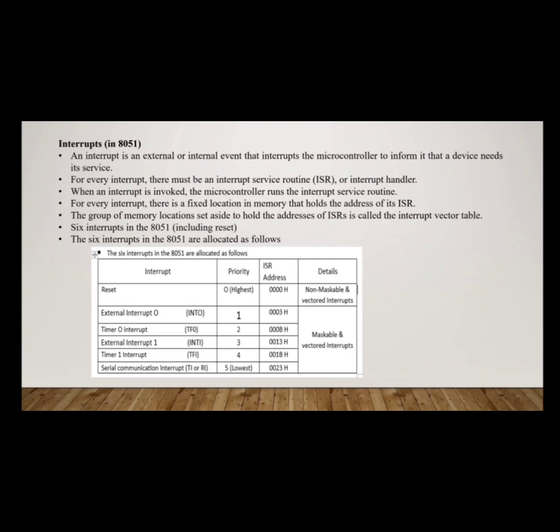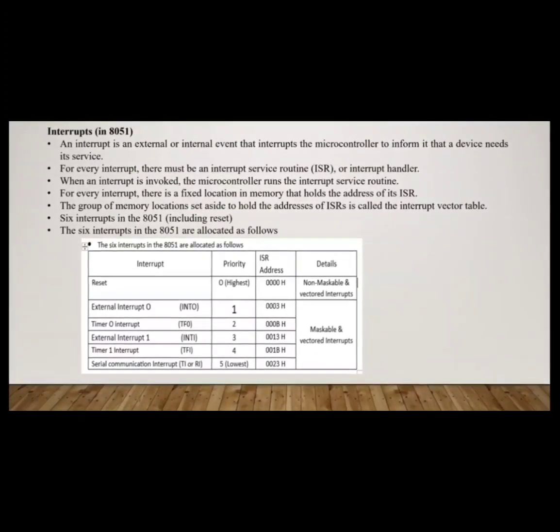Okay, so this is how it works. When an interrupt came, the interrupt wants the service of the microcontroller, that is 8051. For every interrupt, there must be an interrupt service routine for handling the interrupt. Interrupt service routine, ISR, is nothing but a service for handling the interrupt.